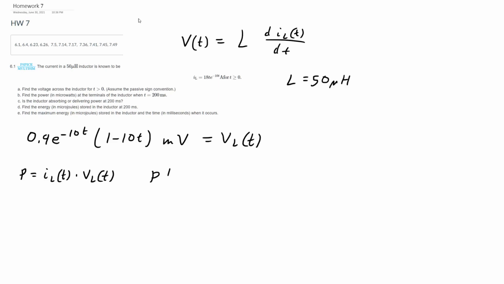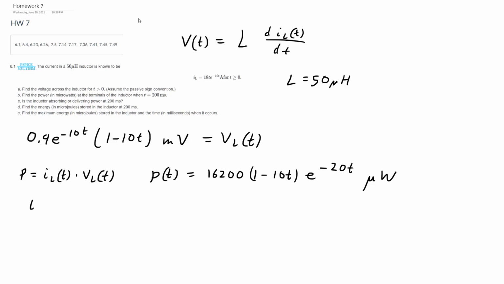I did the math on paper, and I got 16,200 times (1 minus 10t) times e to the minus 20t. The minus 20t comes from multiplying the two minus 10t's together. You add the exponents. And the order of magnitude is microwatts, like the problem asked for.